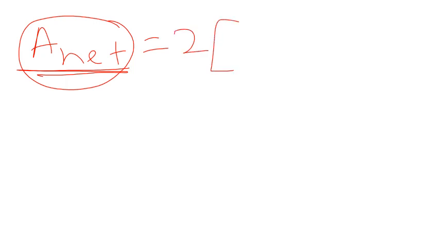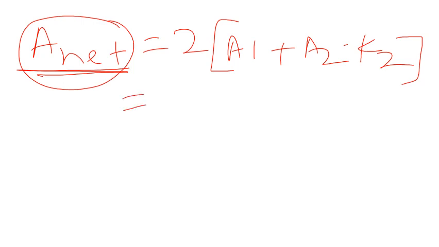So A net will be equal to 2 into A1 plus A2 into K2. This is standard formula when two angles are connected on the same side of the gusset plate. So just plug in the values, you will get the A net, that is 1200.7 millimeter square.